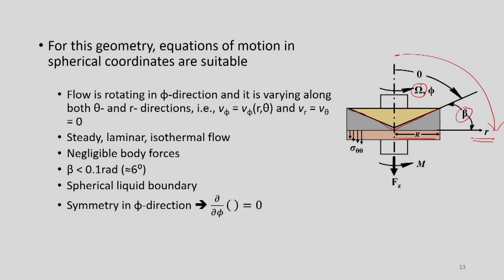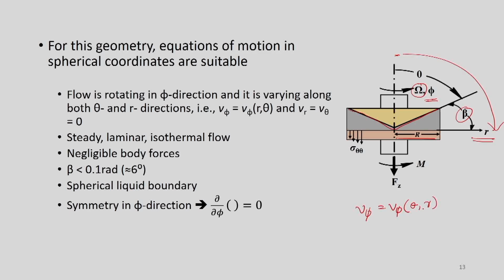For this case the rotation is taking place in the phi direction, so only the v phi velocity exists, and this v phi changes in the theta direction also because of the cone angle, and obviously it changes in the radial position also because the space increases as we go from the center to the edge of the cone.